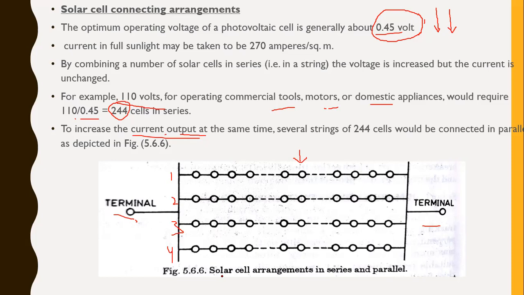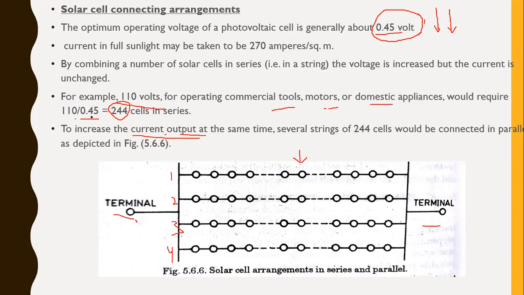So how do we calculate the current? If you take 10 strings here, 10 into 1.08 becomes the current. For calculating the number of cells in series, it is required voltage by 0.45. Each string will be carrying 1.08 amperes of current, so we multiply by the number of strings in parallel to get the current.